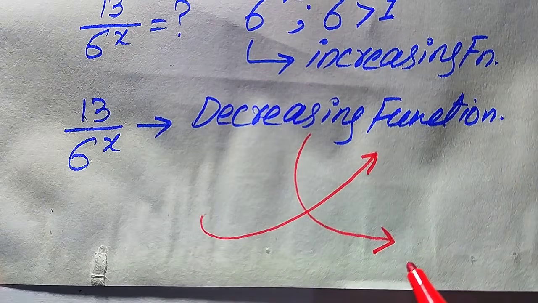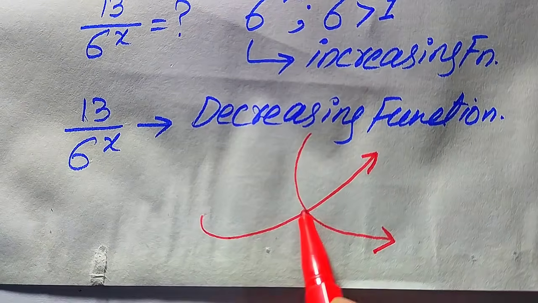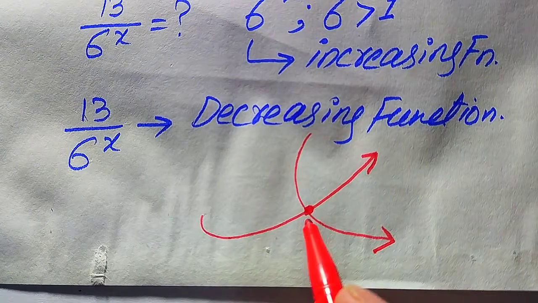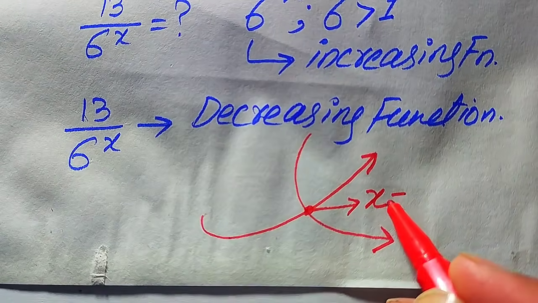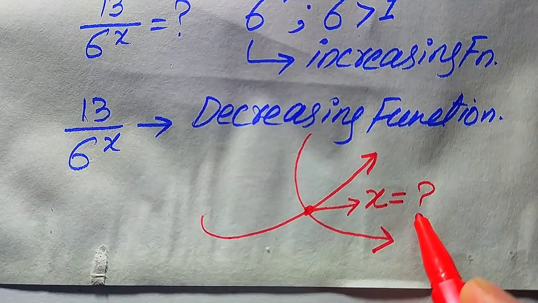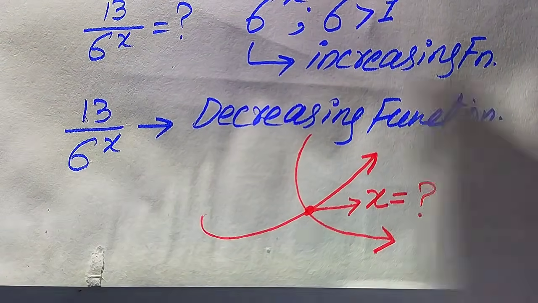Also you see here, an increasing function and a decreasing function always intersect at only one point. This point is called the solution of this problem, or the value of x. So in the next step we need to find the value of this intersection point.